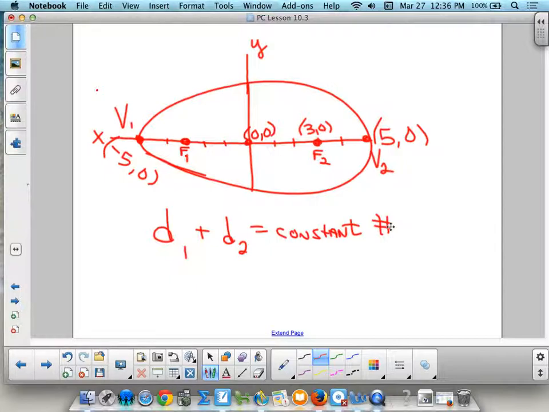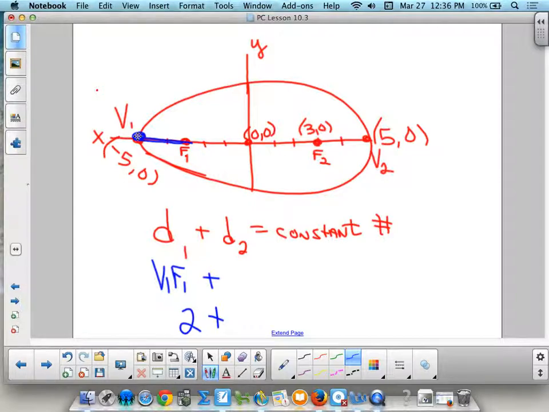So let's talk about this one. Let's pick a point on the ellipse. Let's pick one of the vertices. Let's pick this point, V1. If I pick V1 and I go to F1, that's the first distance. From V1 to F1. Anybody know how far I went? 2. See how much easier it is now? Because now I threw numbers at you. 2 plus, what's the other distance?